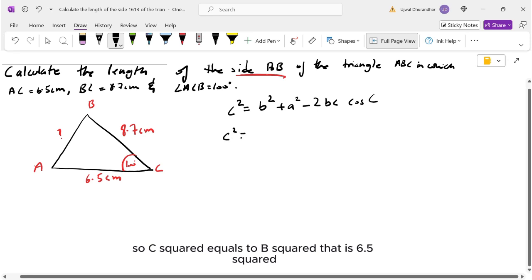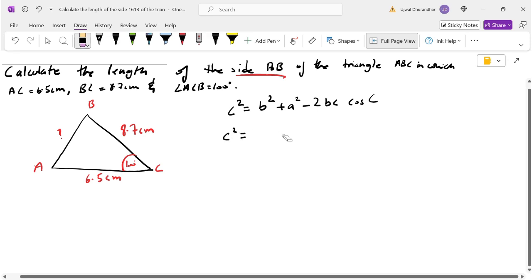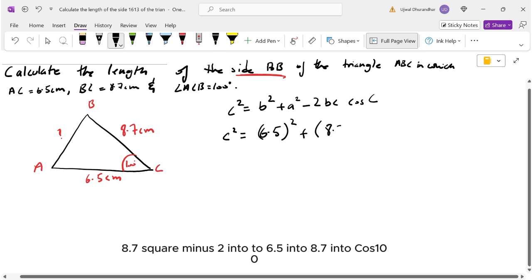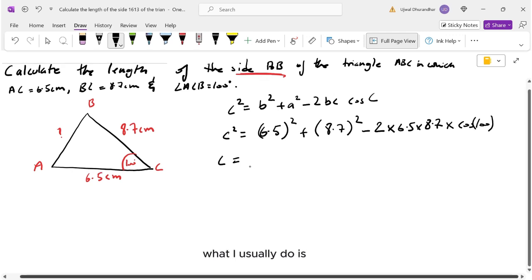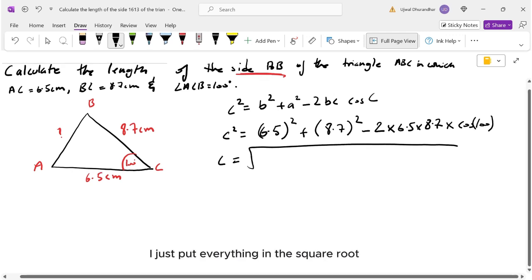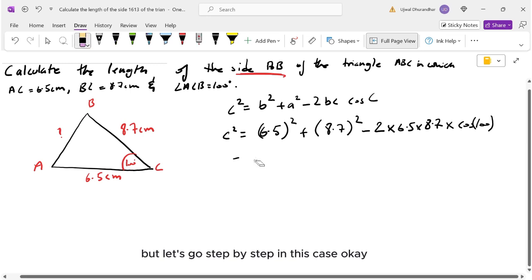So C square is equal to B square, that is 6.5 square, plus 8.7 square minus 2 into 6.5 into 8.7 into cos 100. Okay, so what I usually do is I just put everything in square root, but let's go step by step in this case.